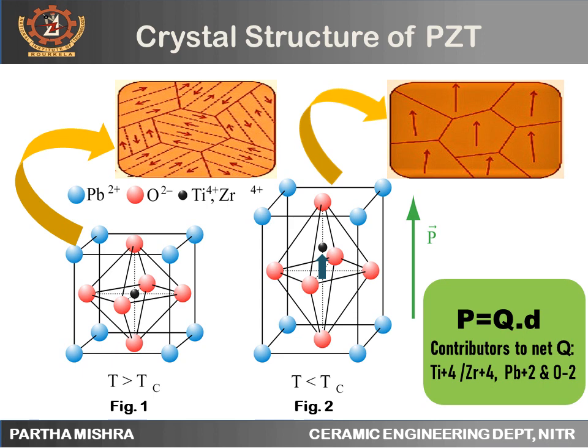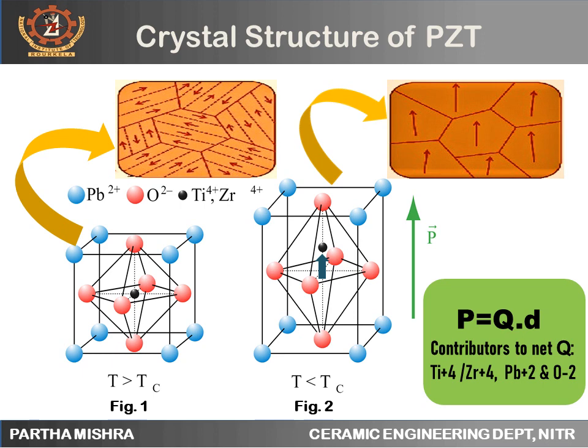That makes the titanium or zirconium atom off-centered and shift along the direction of the elongation. Since the relative position changes, we are left with a net positive and net negative in the crystal, which has now turned into a tetragonal crystal system.